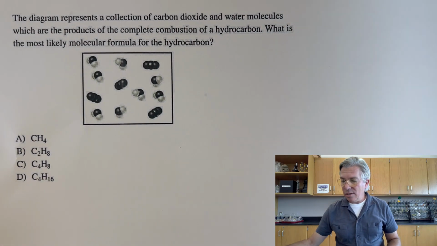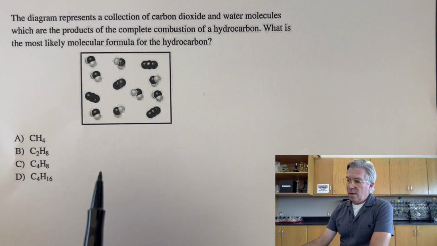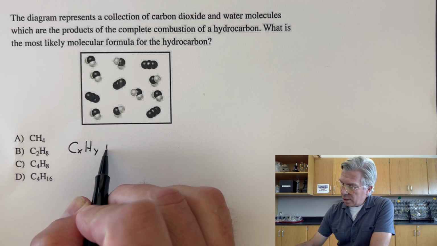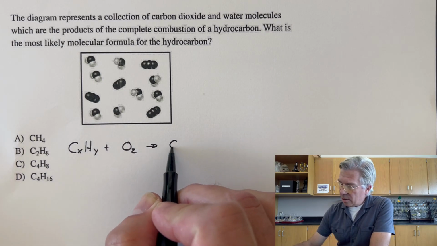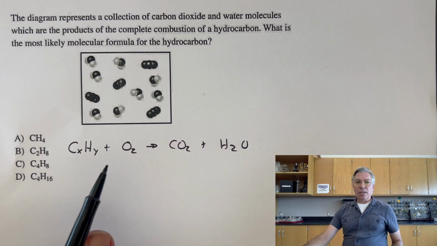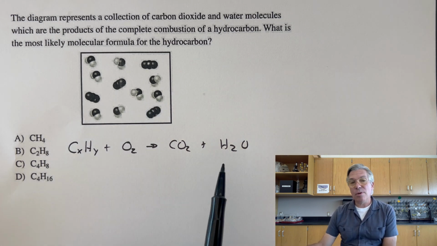All right, and here is the last one, a little challenge for you as well. The diagram represents a collection of carbon dioxide and water molecules, which are the products of the complete combustion of some hydrocarbon. And you might already know that hydrocarbons plus oxygens make carbon dioxide and water, and here's the representation of the product side.